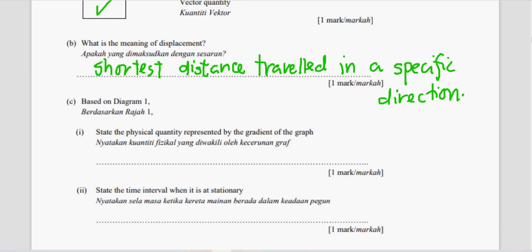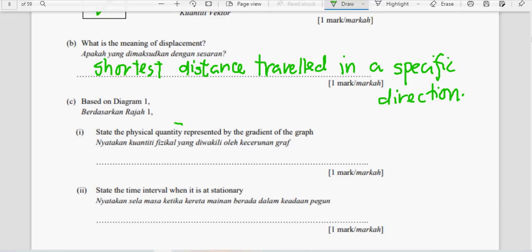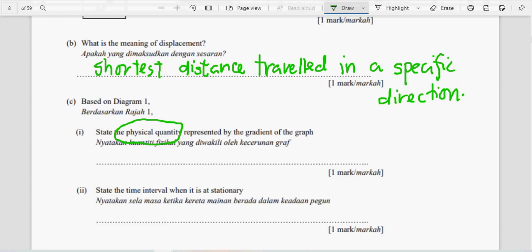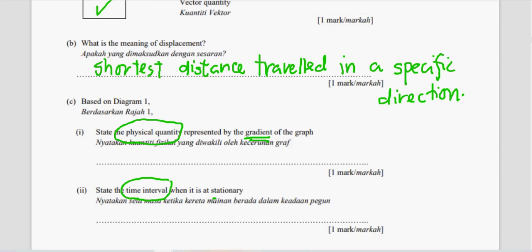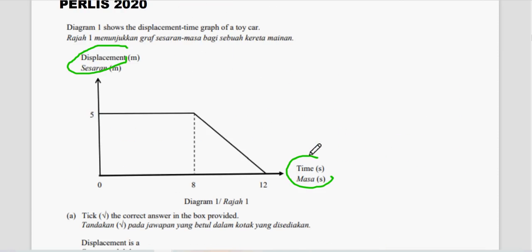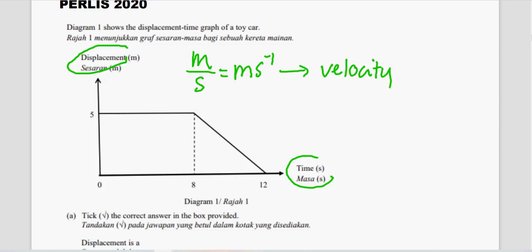Okay, next one. State the physical quantity represented by the gradient of the graph, this one careful. And then the next question, state the time interval when it is stationary. So the gradient of the graph, you can see here, vertical axis over horizontal axis, so meter divided by second. So this is meter per second. So the gradient of the graph represents velocity.